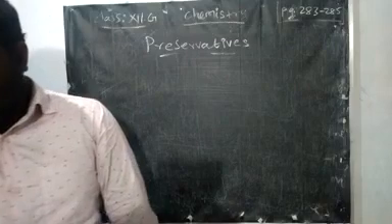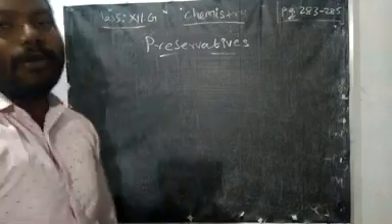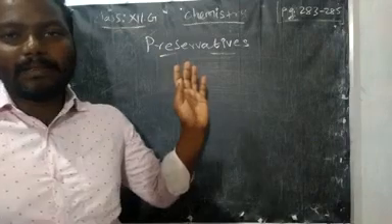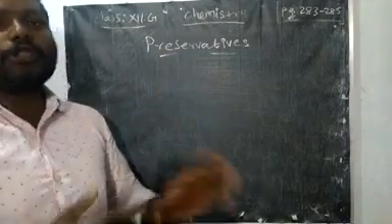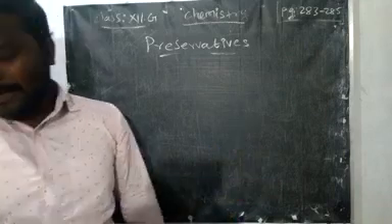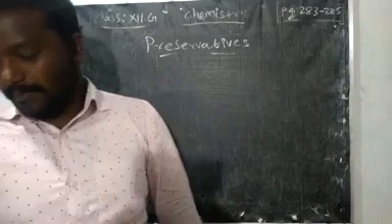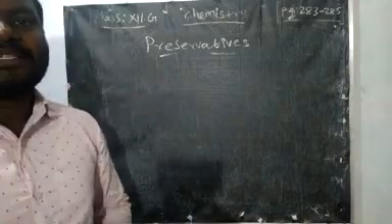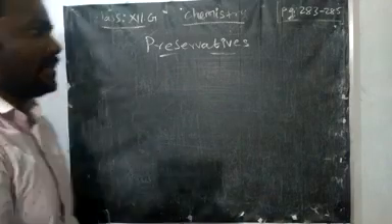See, what reaction is happening in this food? A preservative inhibits or retards the growth of bacteria or yeast. It controls or stops the fermentation.